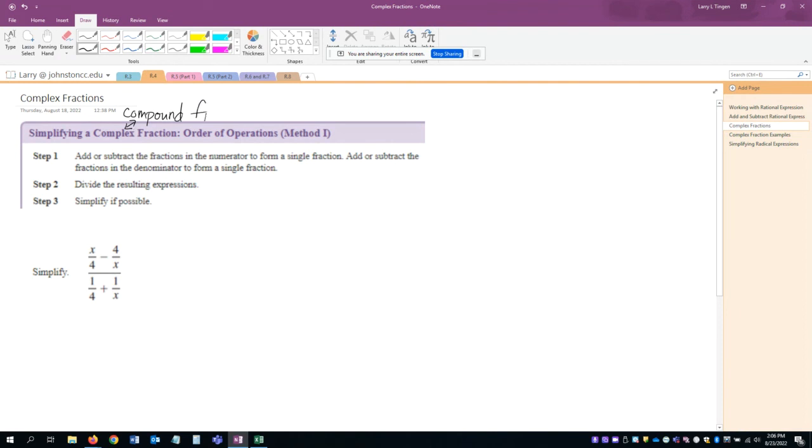So this means we have a fraction in the numerator or denominator of a rational expression.